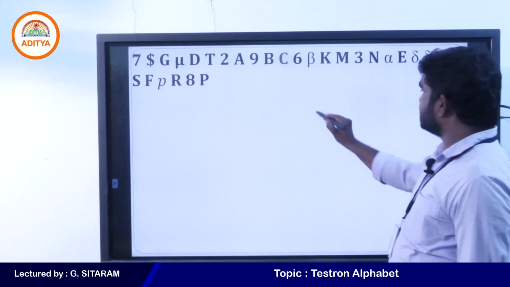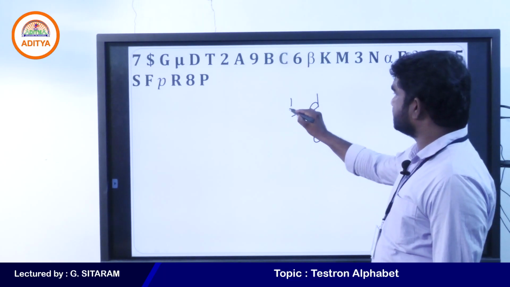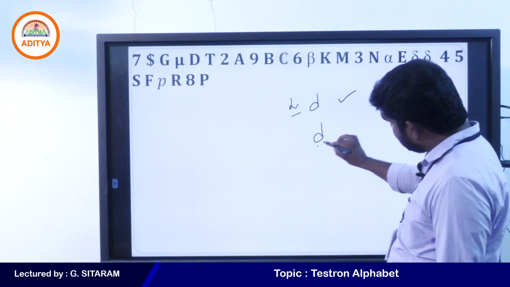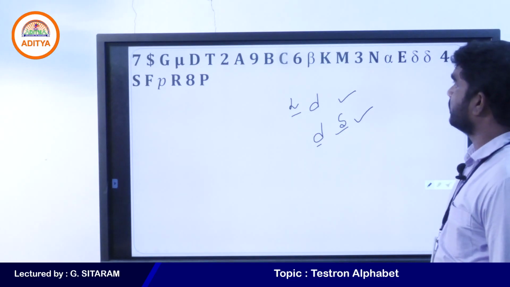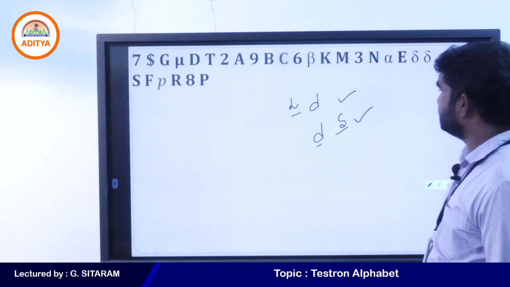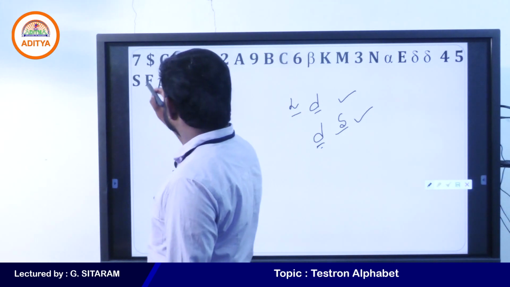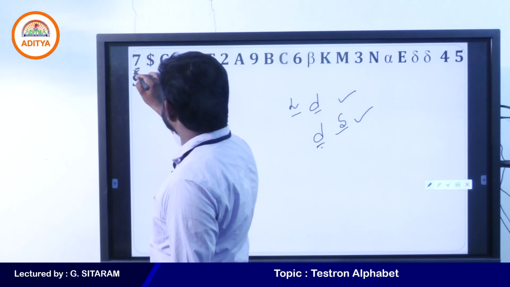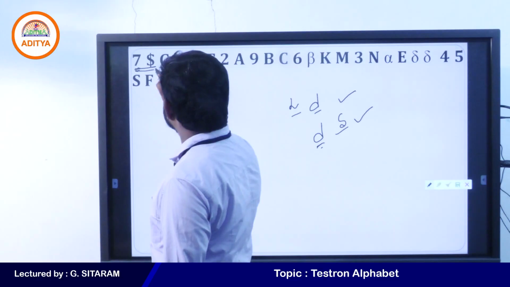If a digit is preceded by a letter, you can take it. This is also one pair. If a digit is followed by a symbol, it is also one pair, you can take it. Just check this. For suppose 7 is the digit, nothing is preceding it, but 7 is followed by a symbol, shall we take it?